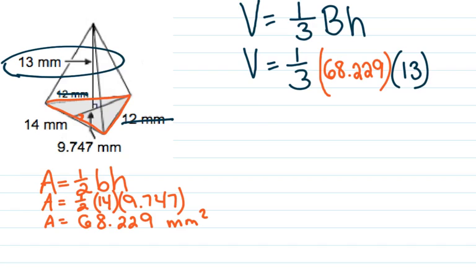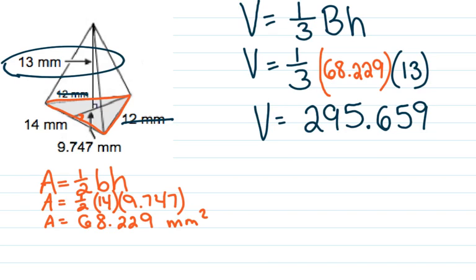So continuing here, I'm going to pause and use my calculator. And when you multiply all 3 of those numbers at once, you'll find that the volume is 295.659. And if you needed to round, you could, although there's nothing wrong unless the directions say to round with leaving your answer in that form.